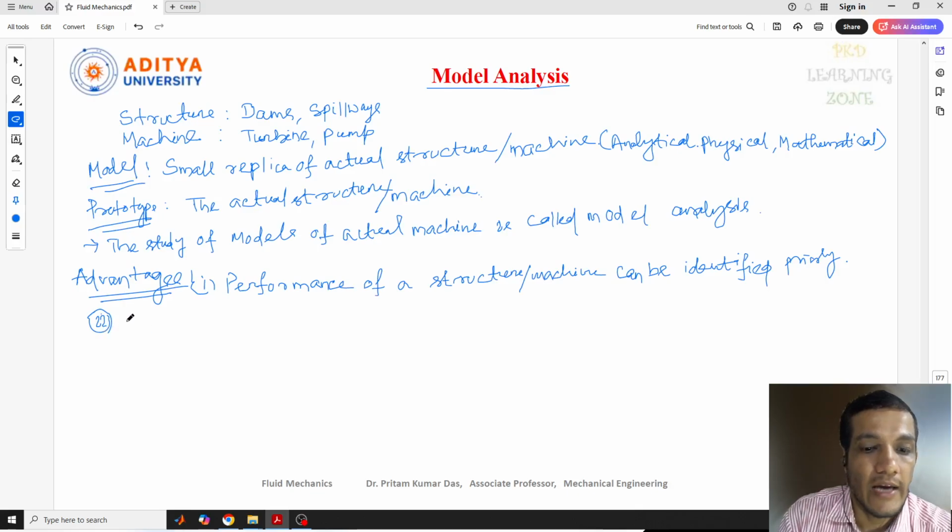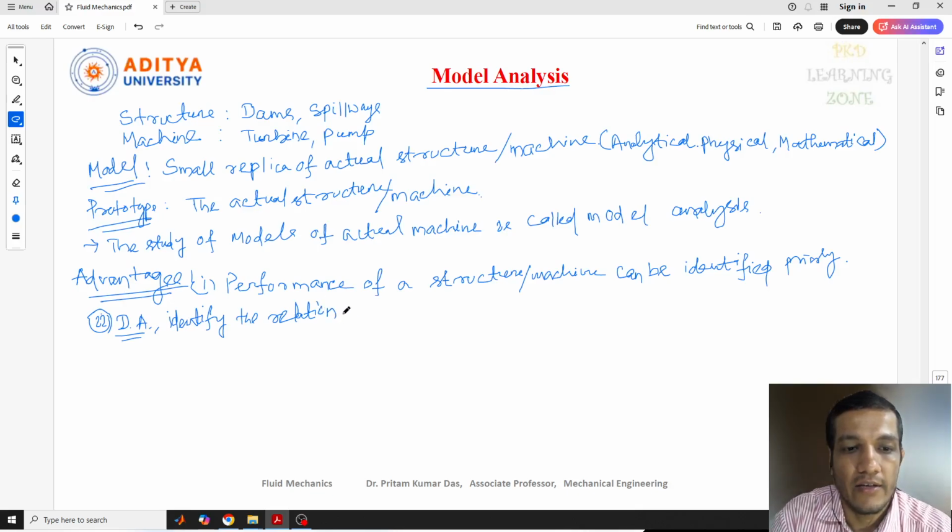Again, with the help of dimensional analysis, we can also find out the relationship between the different variables. These are some points coming under the advantages. We already discussed what variables are there in our dimensional analysis.